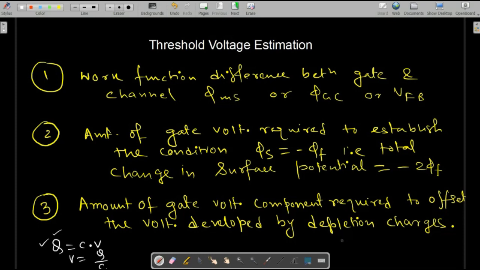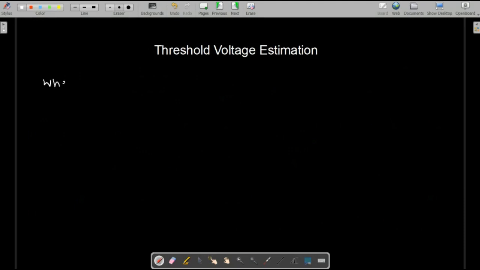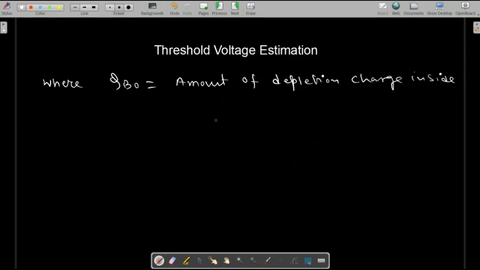In our case, that voltage component is V equal to QB0 by COX, where QB0 is the amount of depletion charge inside the depletion layer, and COX is epsilon 0 into epsilon OX by TOX.